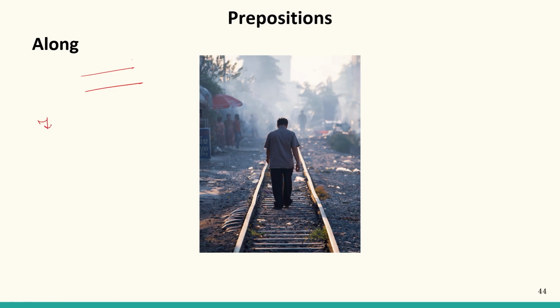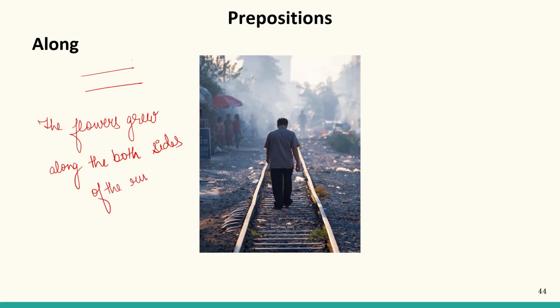For example, the flowers grew along both sides of the river. The man is walking along the railway track.